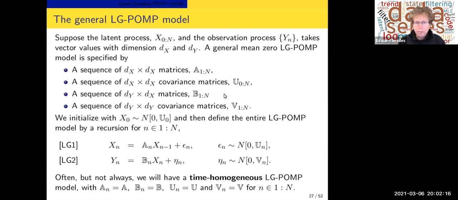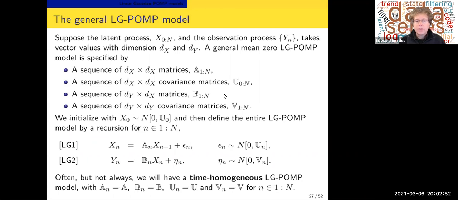The general POMP model is determined by these equations LG1, LG2, where you have a dx by dx matrix An such that Xn is An Xn minus 1 plus epsilon n. Epsilon n should be normal 0, Un. And there's another measurement equation that gives Yn as a linear combination of Xn, because it's a linear Gaussian model, and also with Gaussian noise eta n.